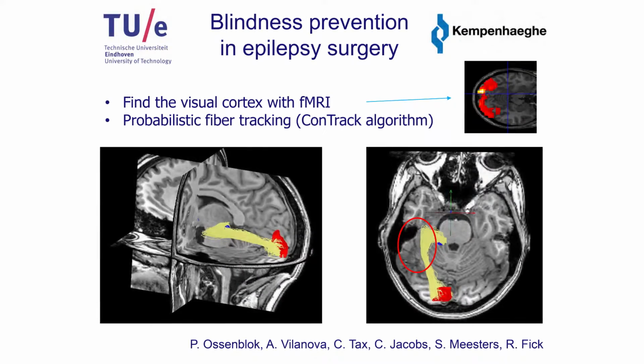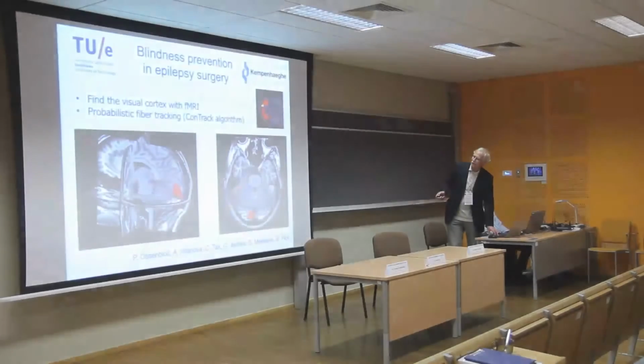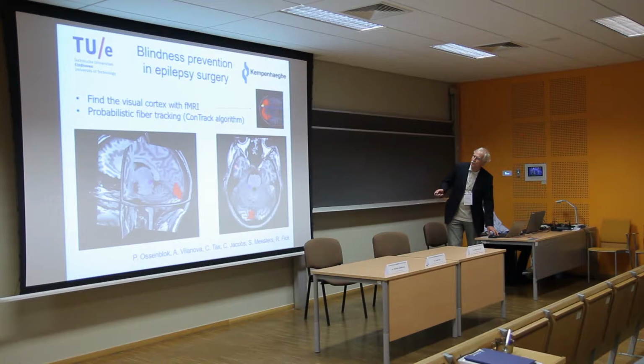So we used that in finding, this was a patient that was operated on the brain. But here are also the optic fibers from the eye to the back. And some of these patients lost their vision because they went too deep. So what we needed to do is find these tractography. It was noisy. We removed the noise.